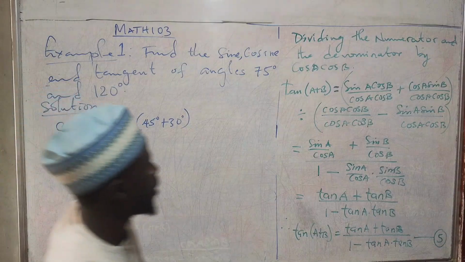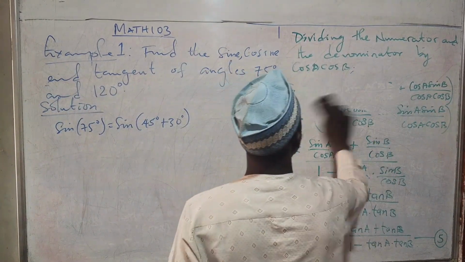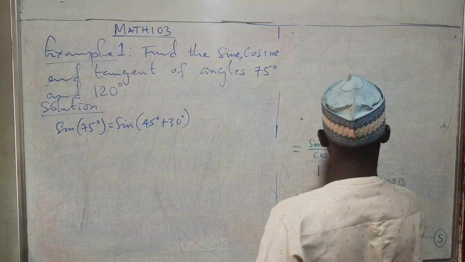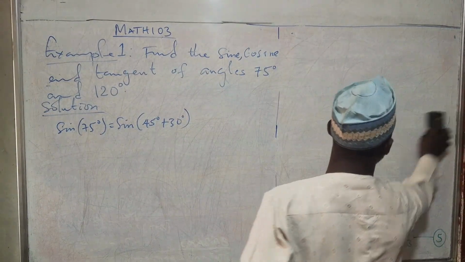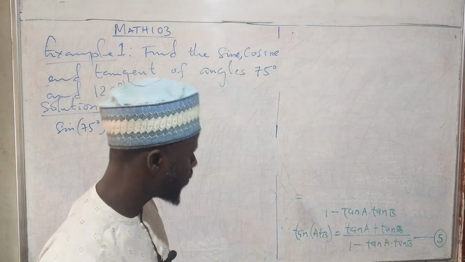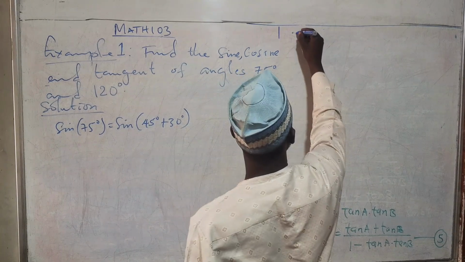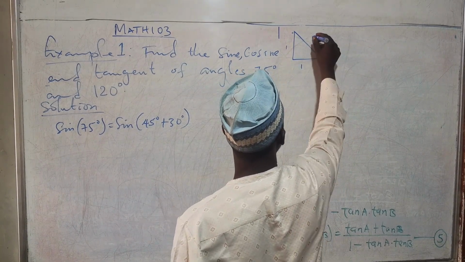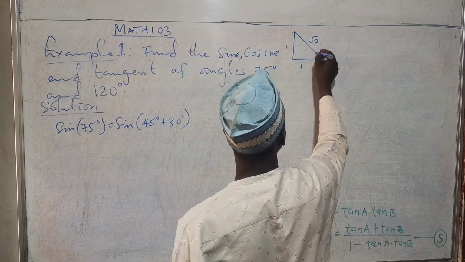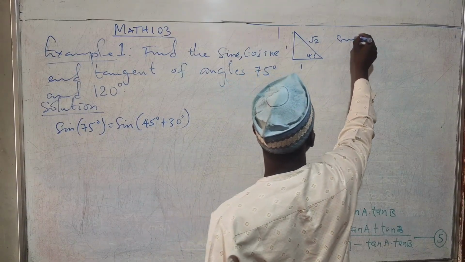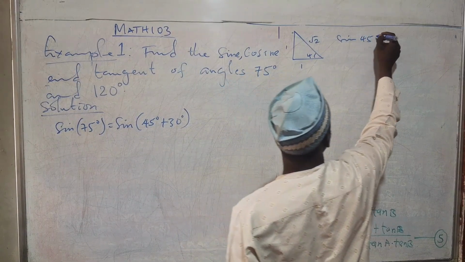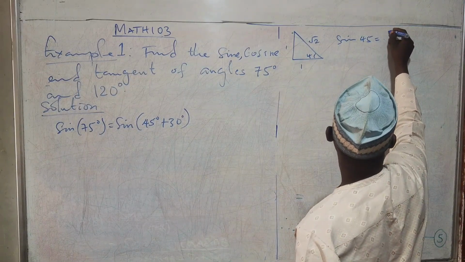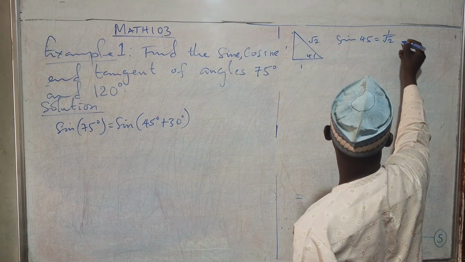And it is not difficult to see, as we have already done, that if you have 45, here is 1, here will be root 2, so that sine 45 is opposite over hypotenuse, 1 over root 2.